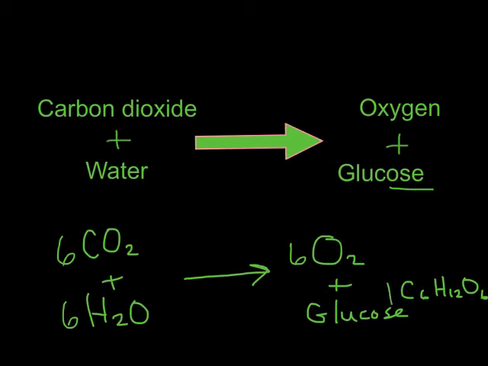So for every single one glucose that you make, you need 6 carbon dioxides and 6 waters. All that's happening here is that the carbon dioxide and the water are being broken apart and rearranged in order to make oxygen and the one glucose.